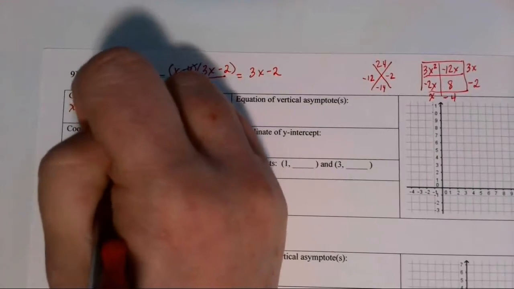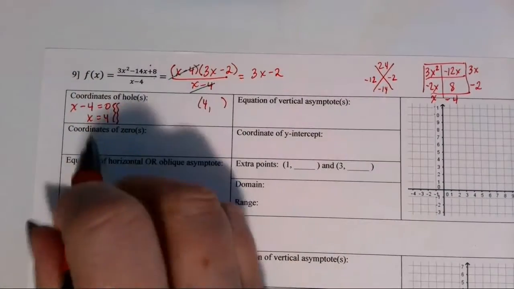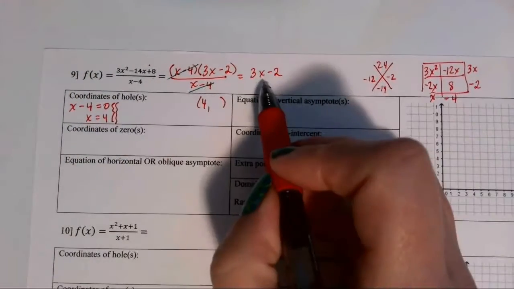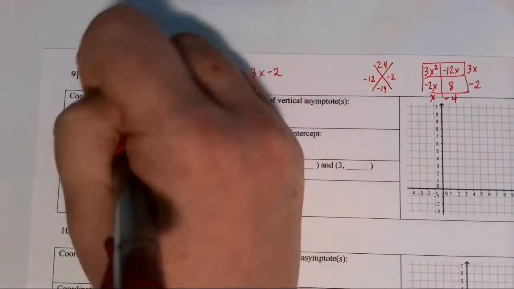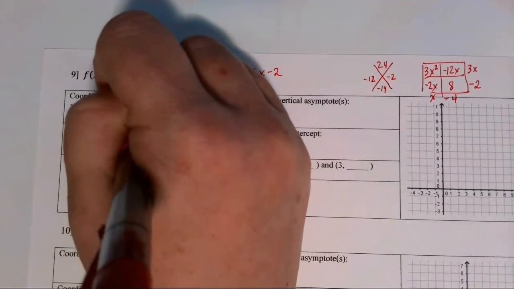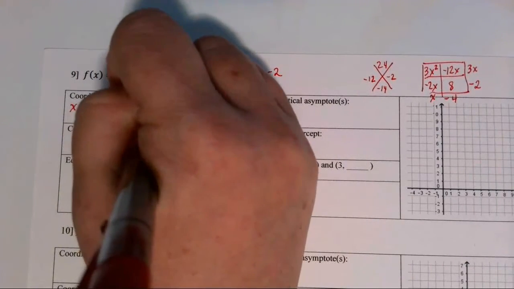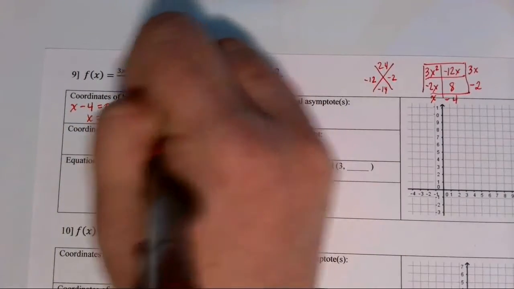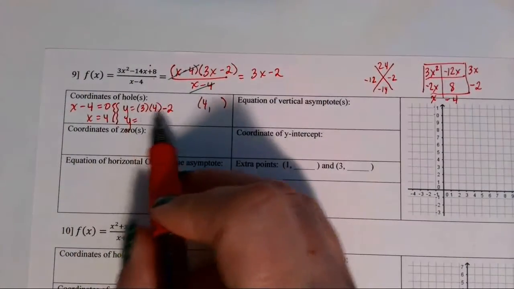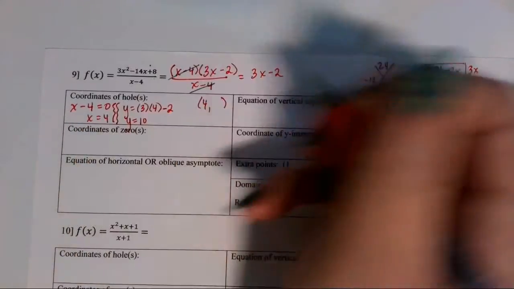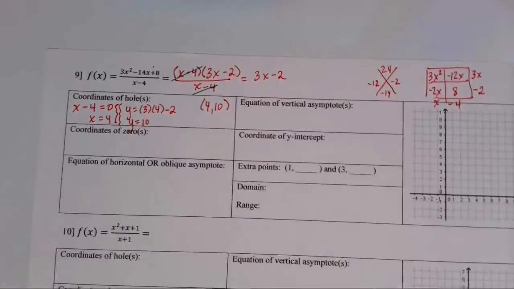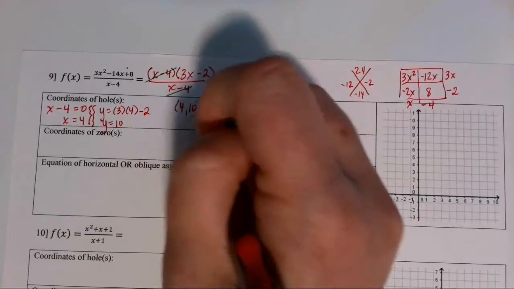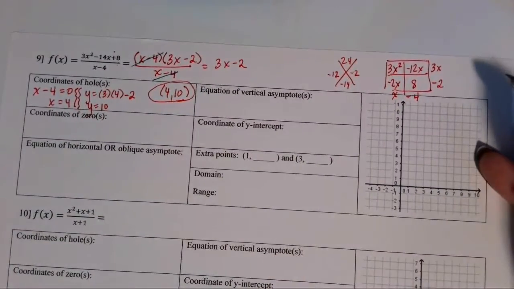Then to find the y that goes with it, we put that 4 back into our simplified form. So 3 times 4 minus 2 would be 12 minus 2, which is 10. So 4 comma 10 is where this hole is located.